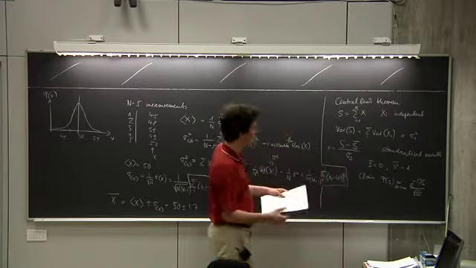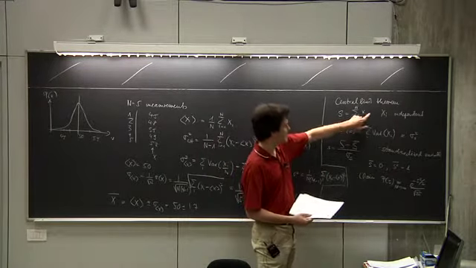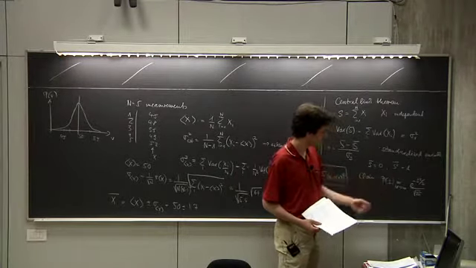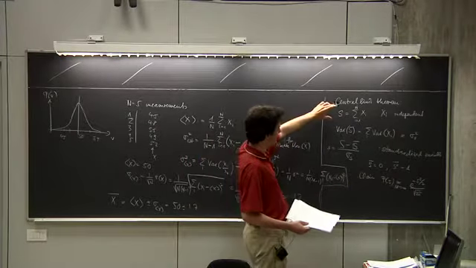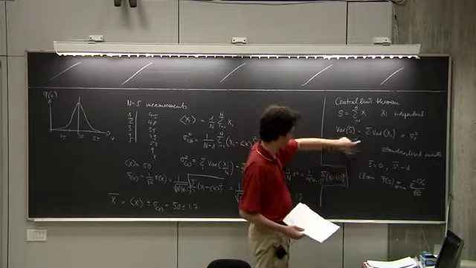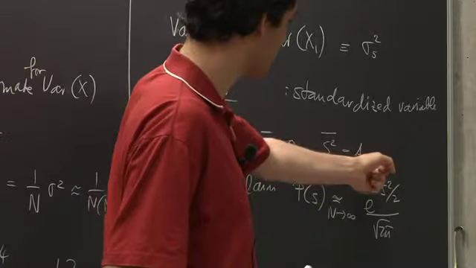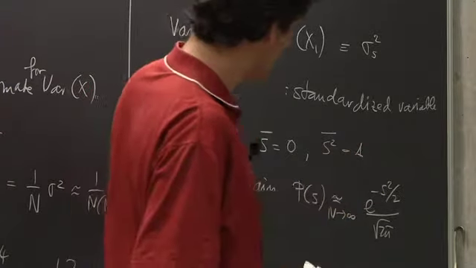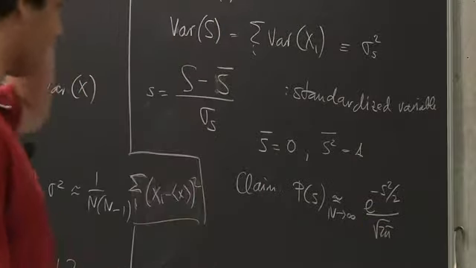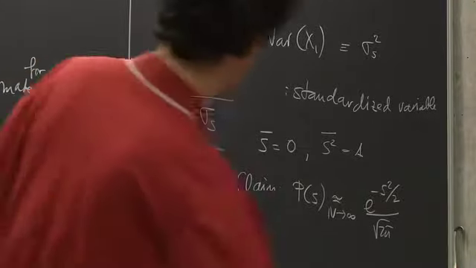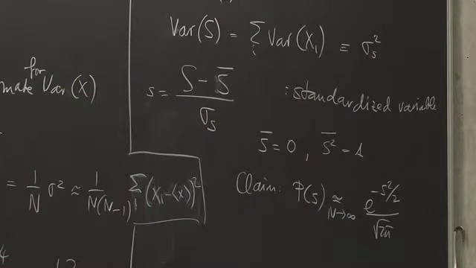If you are interested in the fine structure on the level of contributions of a single variable, then this is maybe too coarse-grained. But as you look at the normalized variable, where the fluctuations are of order 1, then you will see just this Gaussian behavior. And that you already know from the binomial distribution that it goes to that limit. And today we show that in great generality this happens essentially always.